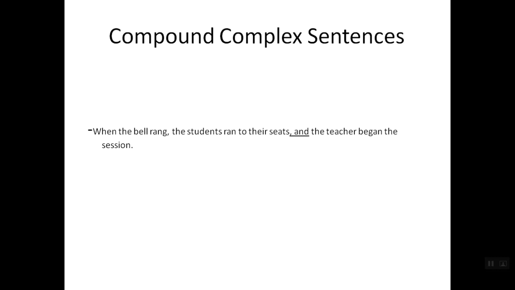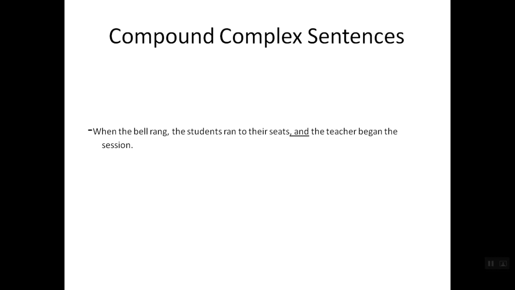And, preceded by a comma, the teacher began the session. So is it dependent or independent? Of course, it's independent. Okay? So how many dependent? 1. How many independent? 2. So this is a new kind.